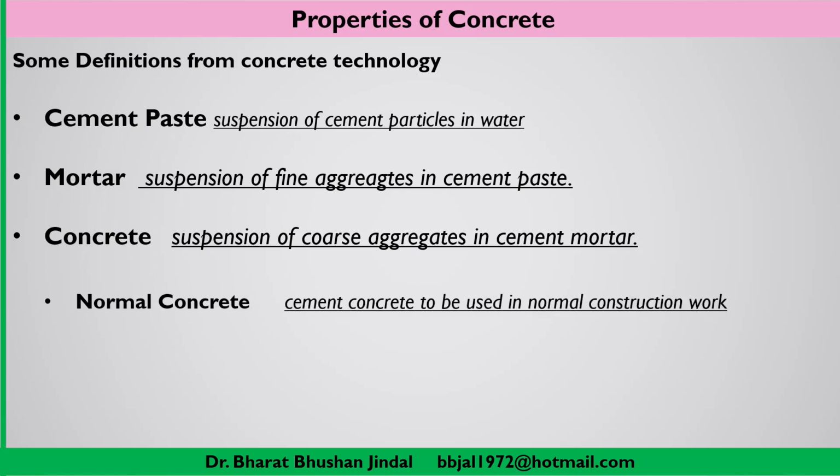Now, concrete can be further classified, first as normal concrete. Normal concrete means a simple cement concrete which we use in normal construction work, not specialized types of construction activities.